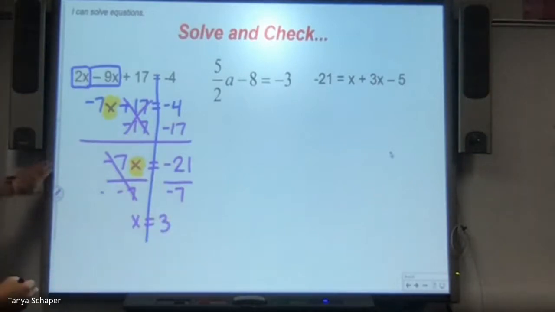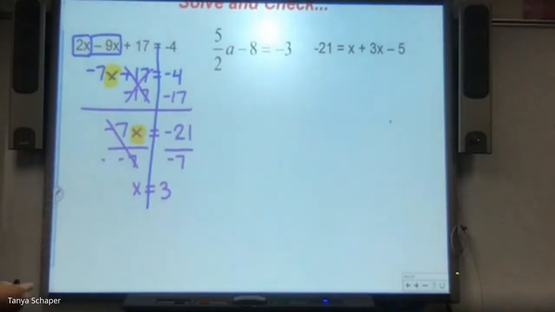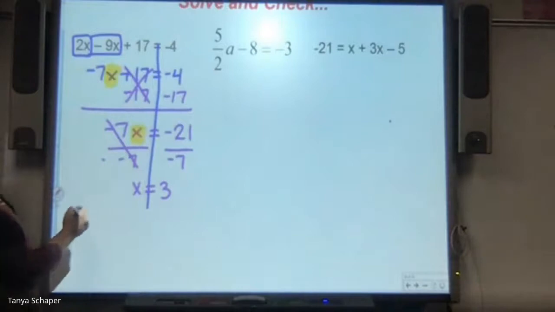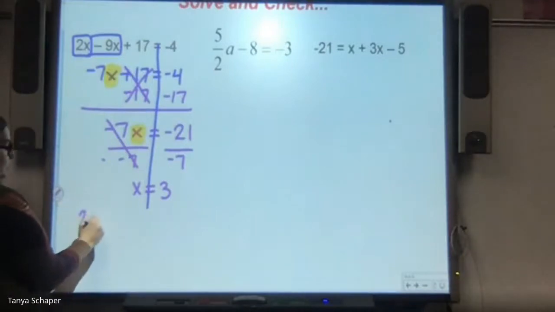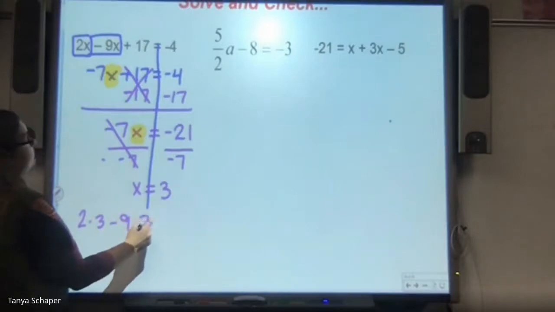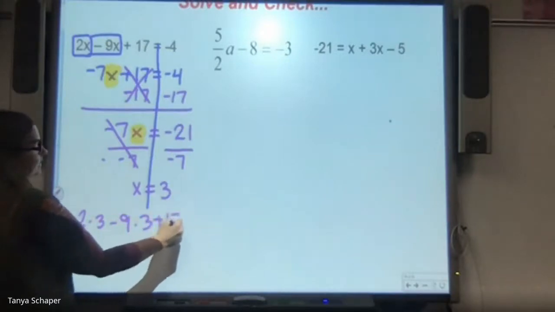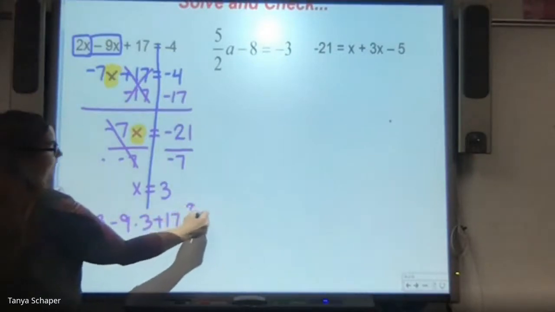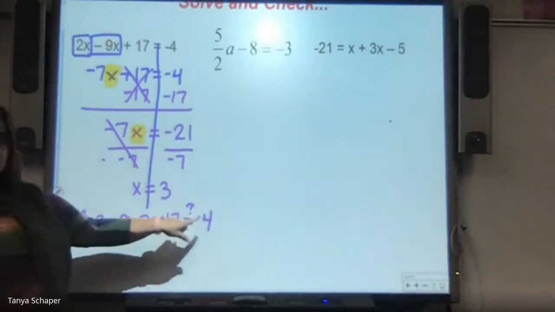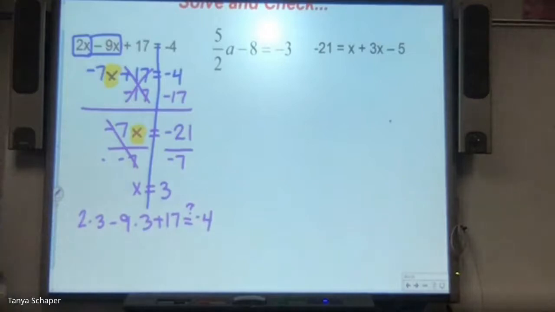Now, if I want to go ahead and check it, I can type this into my calculator to see if I get negative 4. Is 2 times 3 minus 9 times 3 plus 17 the same as negative 4? And you can type this in and you should get the same answer. A good way to know if it's right or wrong.